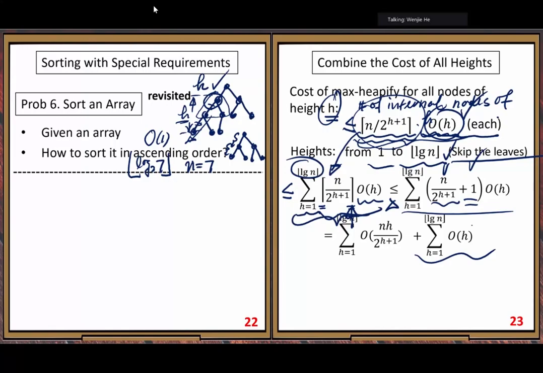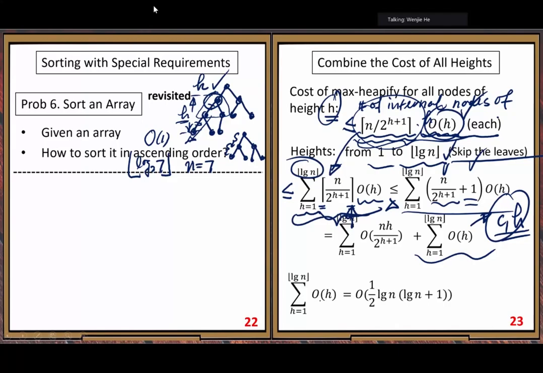This big O, we can consider as a constant C1 times h, and take the C1 out.